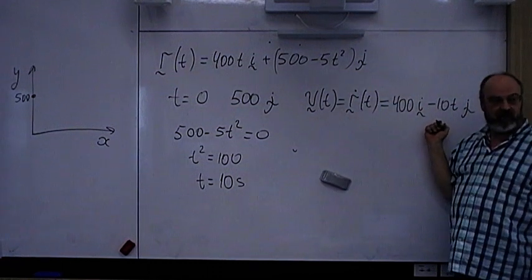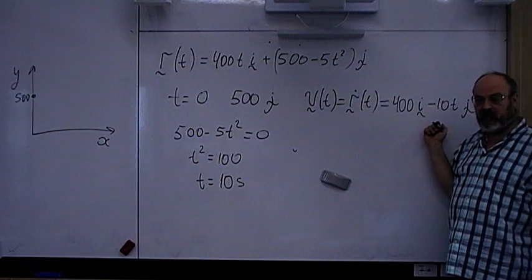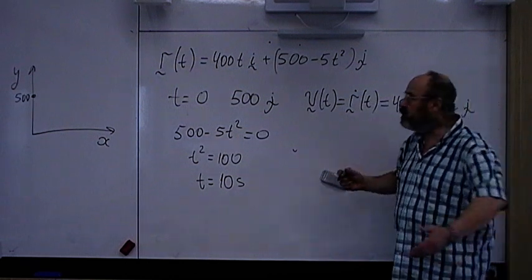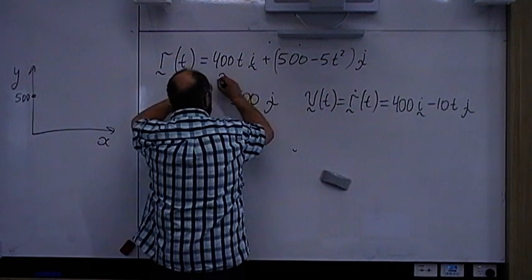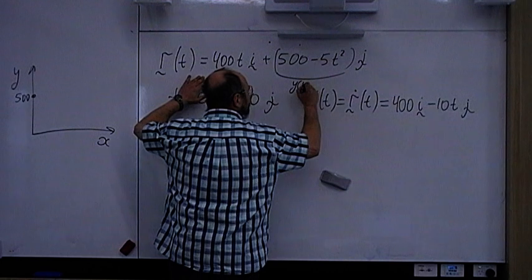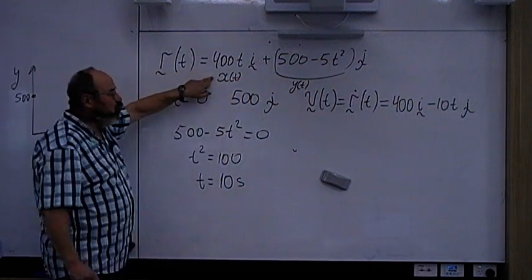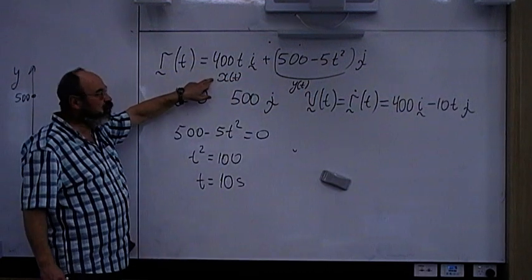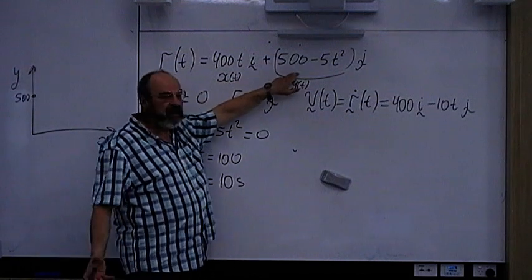We derive x, this is x of t, this is y of t. The derivative of this is 400, the derivative of this is negative 10t.